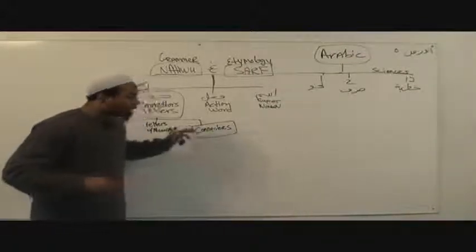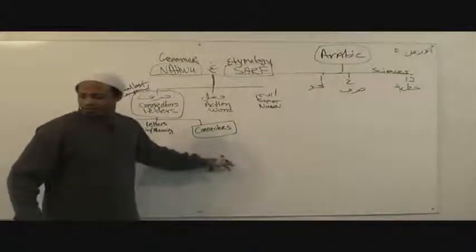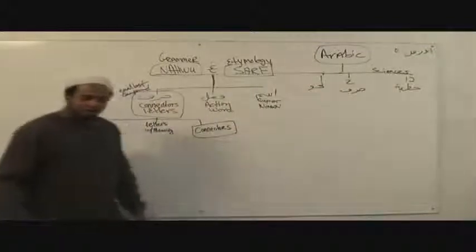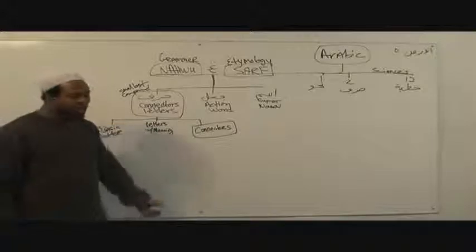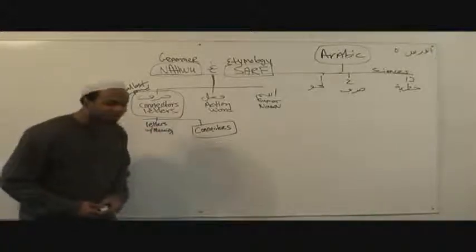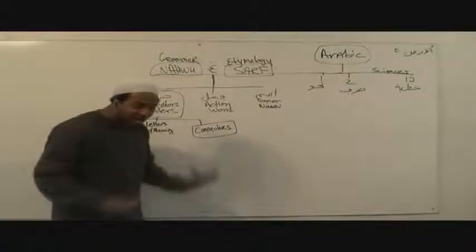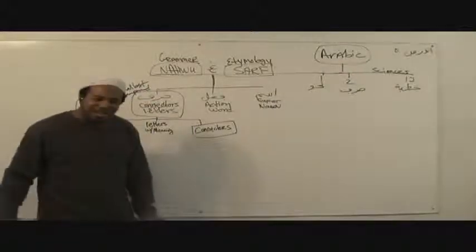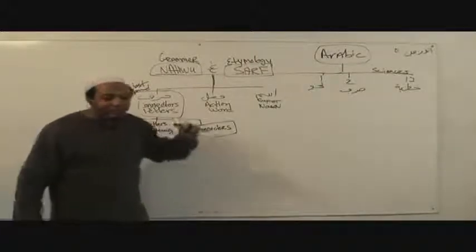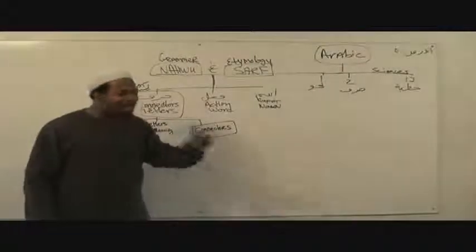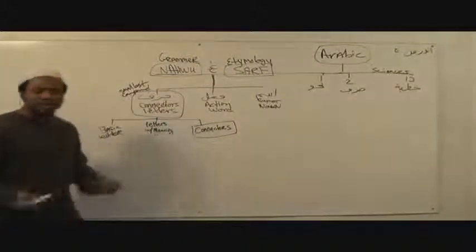A connector is a word that seeks definition through being connected to other words. Like we said, كلمة دلت على معنى في غيرها ولم تقترن بالزمن: a word that points to a meaning in something else and is not connected to a time frame.